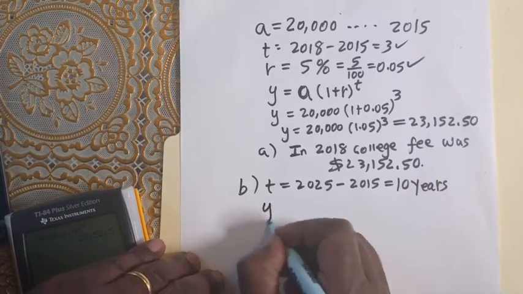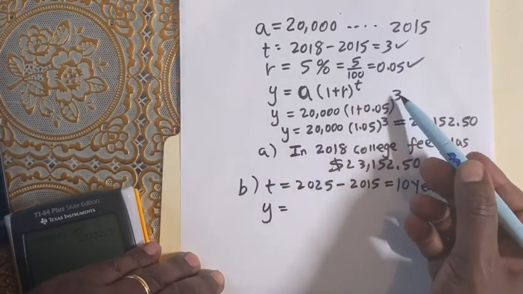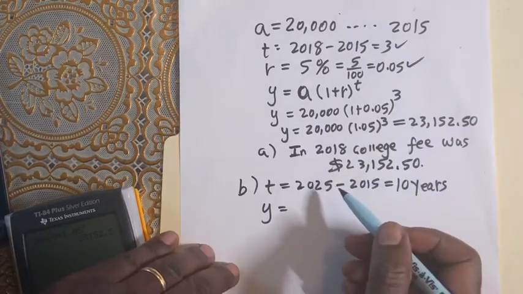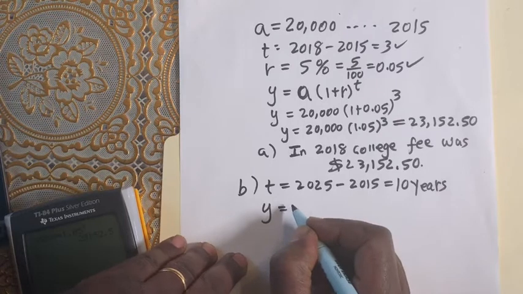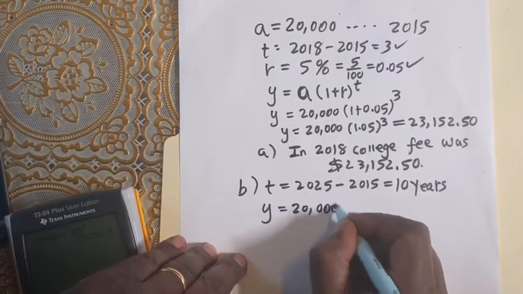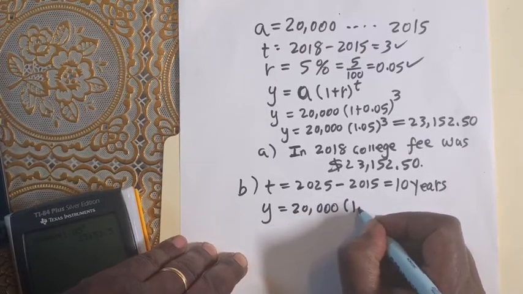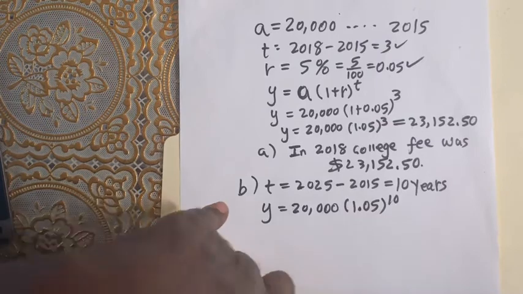So the only difference from the original example is changing the time from 3 to 10. It's not only between 2015 and 2018, now it is between 2015 and 2025. So the initial amount remains the same and the rate is the same. The only difference is 10.